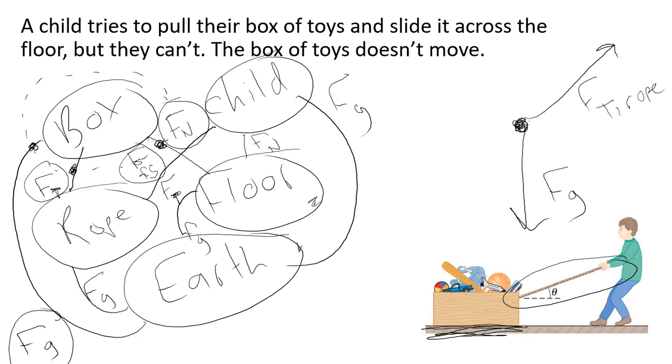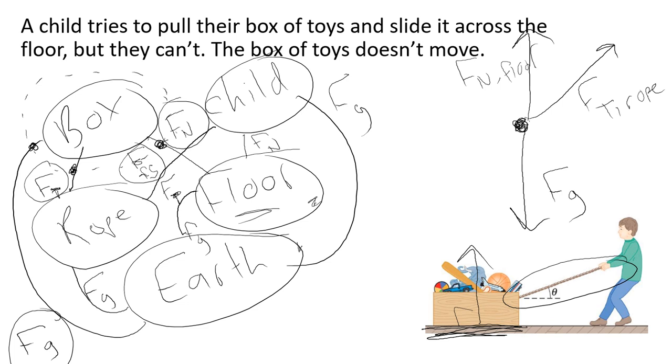Okay. Now my normal force, remember normal means perpendicular, so my force has to be perpendicular to the floor. The floor is horizontal, so the perpendicular is straight up. So the normal force from the floor, okay, is there.